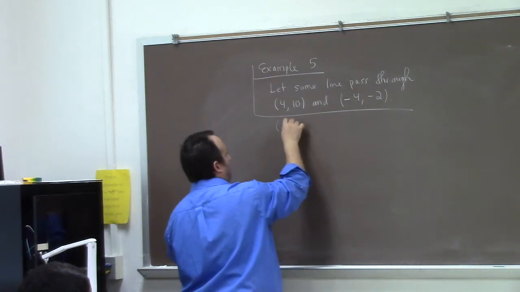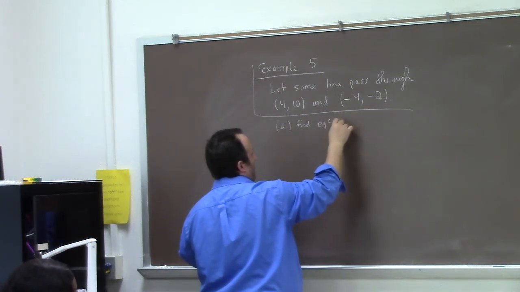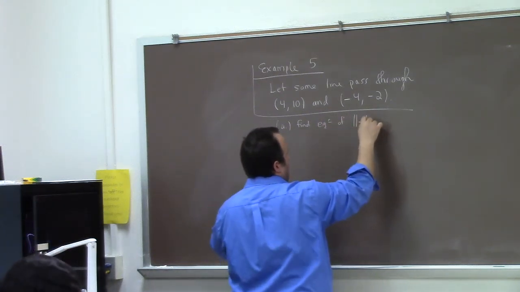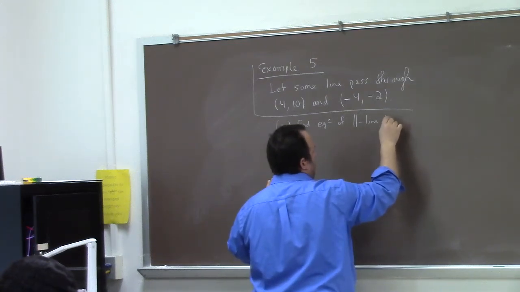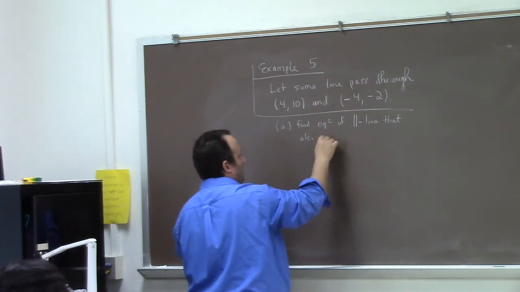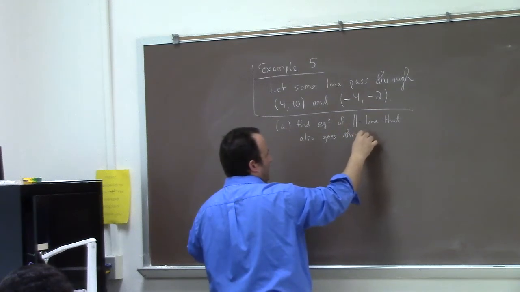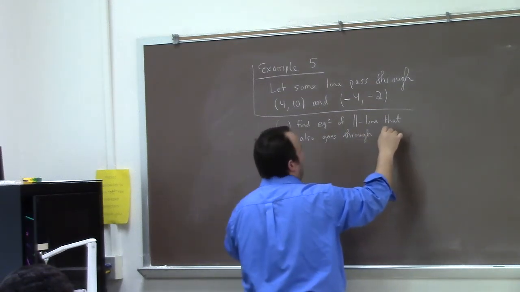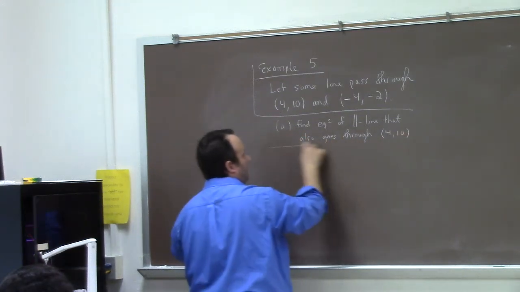A. Find the equation of the parallel line that also goes through (4, 10).